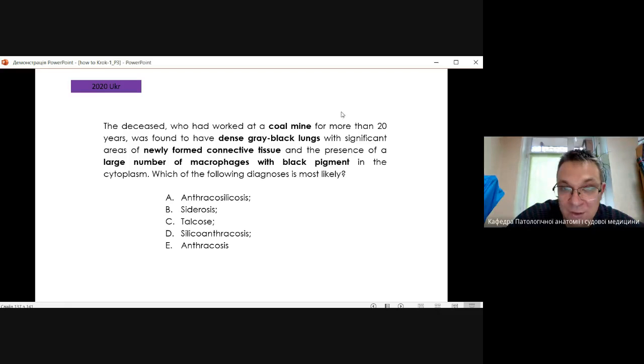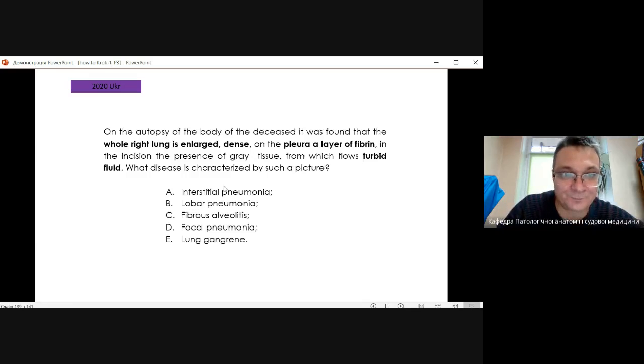If you're talking about silica dioxide particles or industry, that's silicosis. In this case, anthracosis. That's not silica anthracosis or something. You should choose the proper type of pneumoconiosis. Anthracosis, E is the correct one.